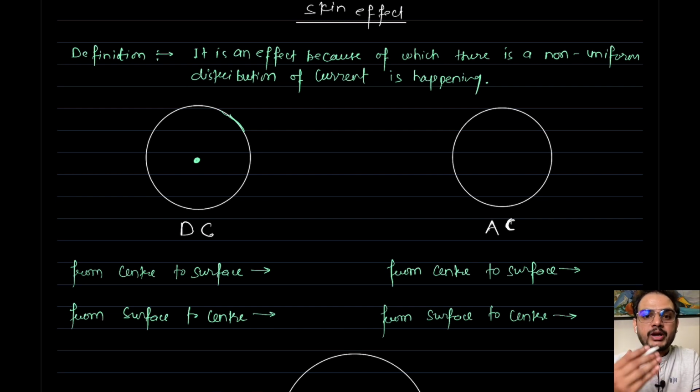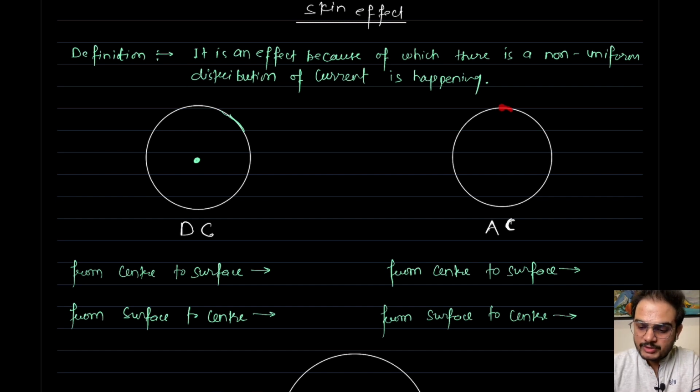Now, is my current maximum at the center or at the surface? Always remember, because of skin effect, at the center my current is minimum, at the surface my current is maximum. Whenever I am exciting my conductor with alternating supply, all the charge particles get pushed towards the surface of the conductor.